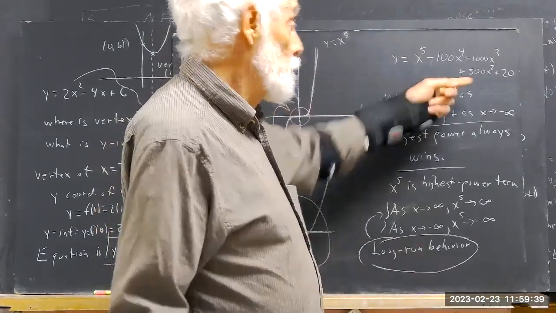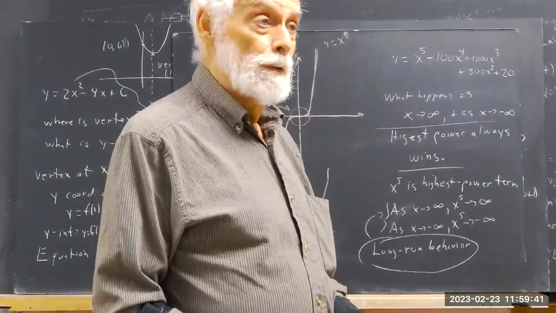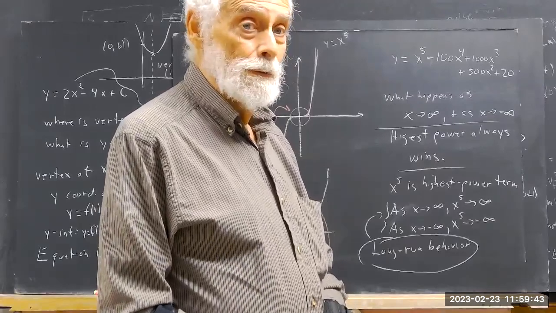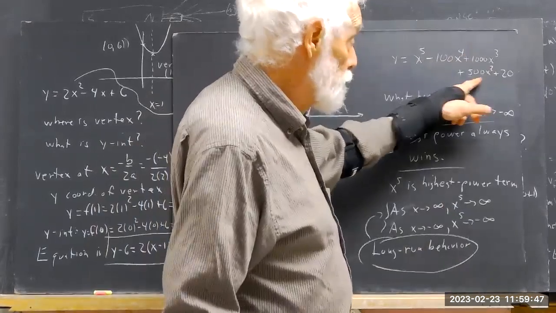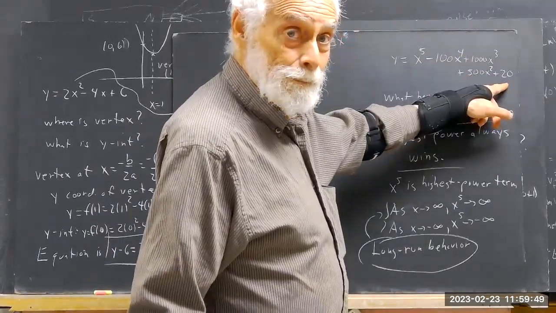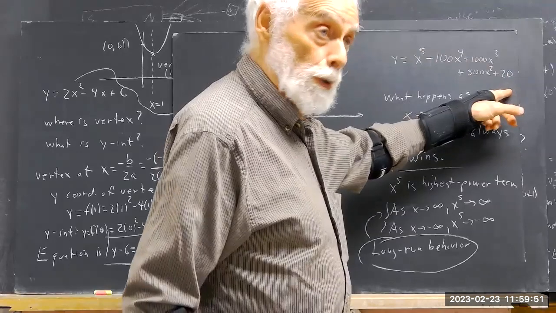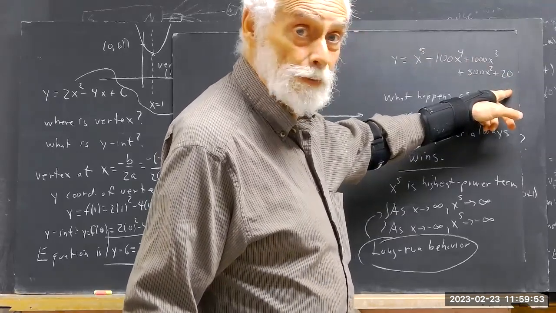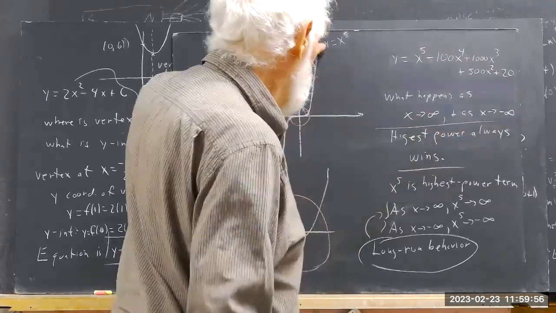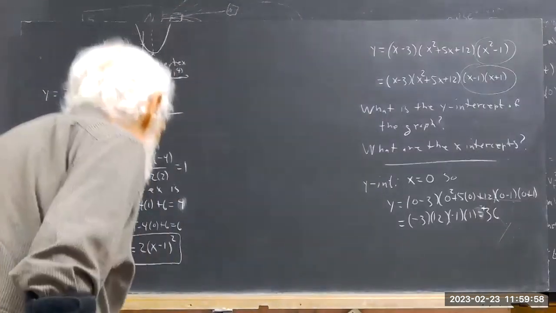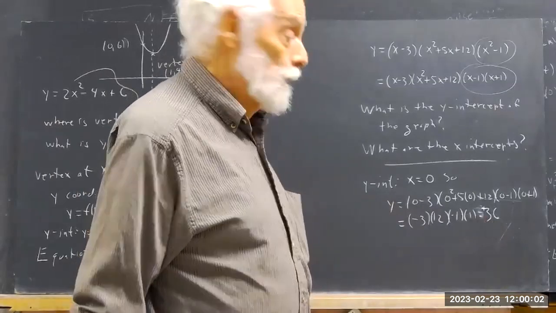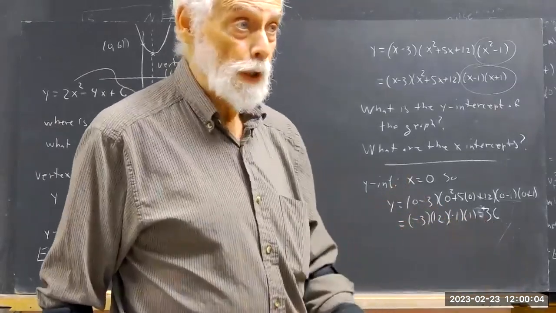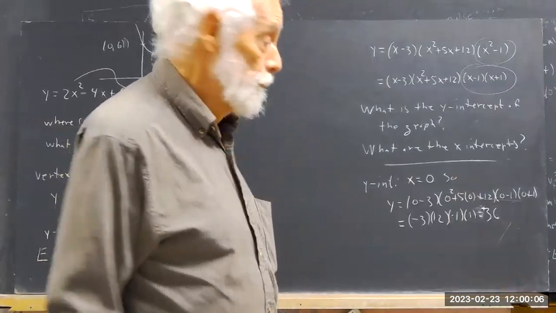Well, if x equals 0, what do you get? 20. This is 0, this is 0, this is 0, this is 0, you're left with 20. So if it's in this expanded form, it's really easy to find. If it's in factored form, it's still easy, it's just not quite as immediate because you've got to do some multiplication. You just plug in 0 for x and you get y, and it's really easy to evaluate.